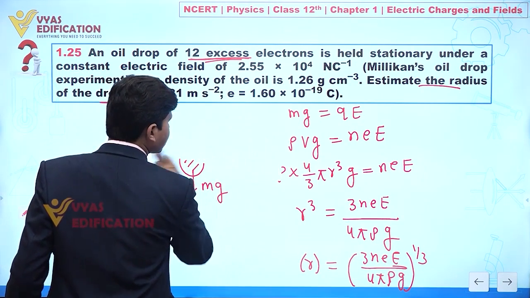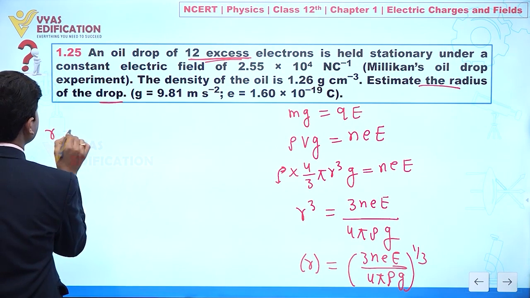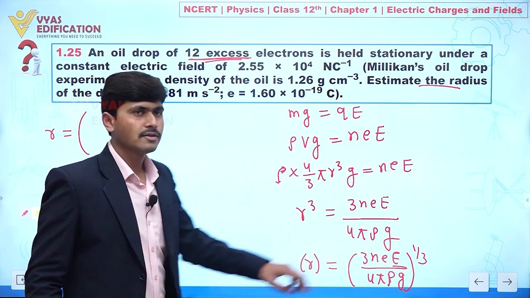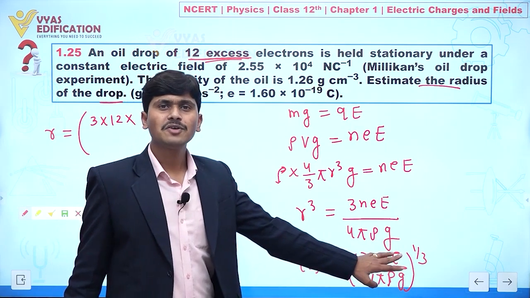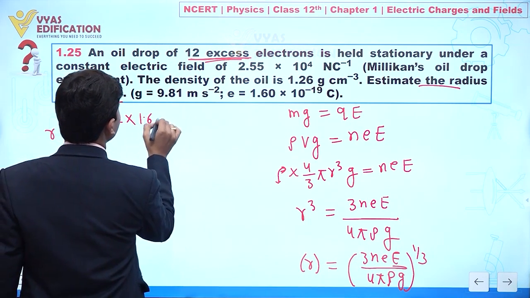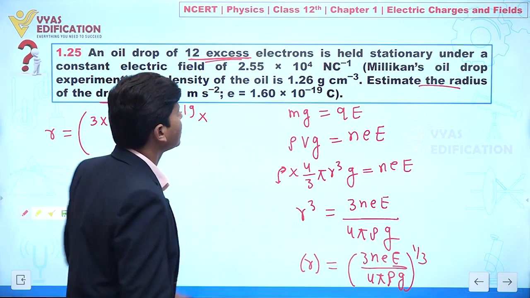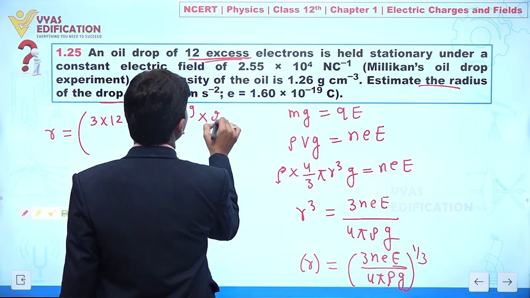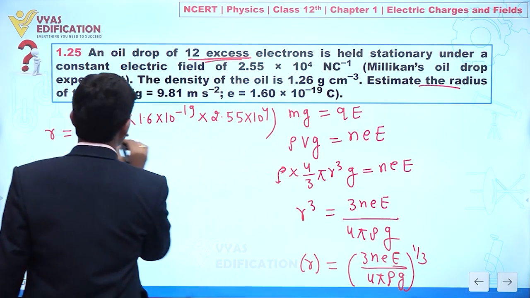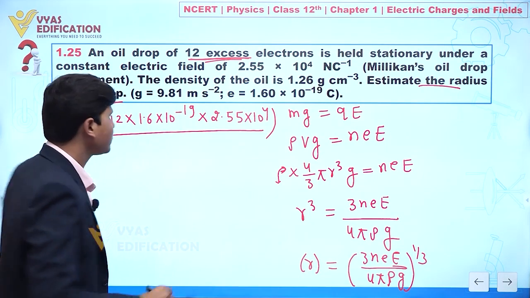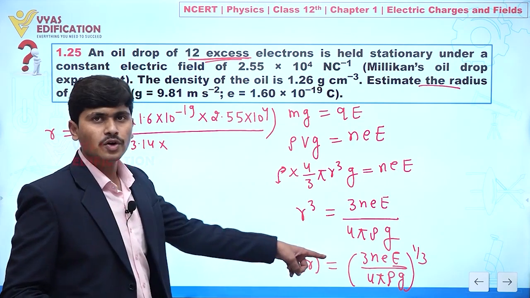So now concentrate. First we write 3, then excess electrons we have 12, multiplied by the charge of an electron, 1.6 into 10 to the power minus 19, multiplied by the value of the electric field, which is given as 2.55 into 10 to the power 4, and divided by 4 into 3.14 multiplied by rho into g.